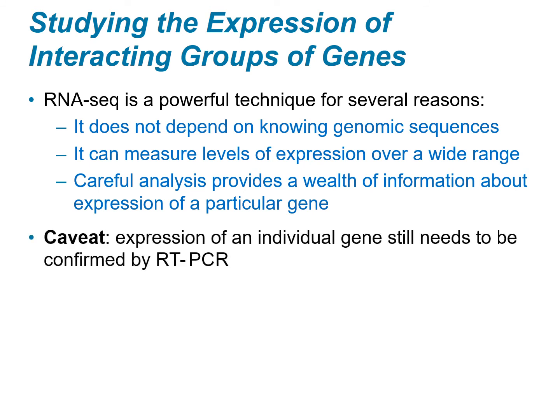The caveat here is that expression of an individual gene still needs to be confirmed by RT-PCR. So let's say we have determined by RNA sequencing the expression of many different genes. It still needs to be determined individually, just to confirm by RT-PCR.